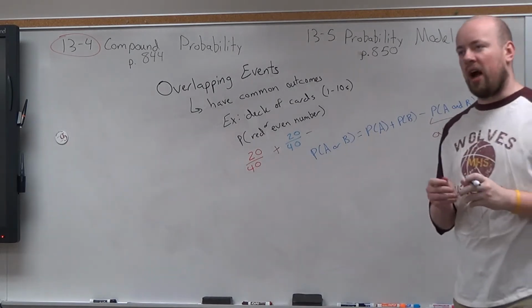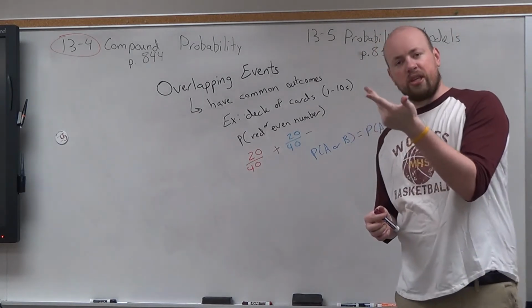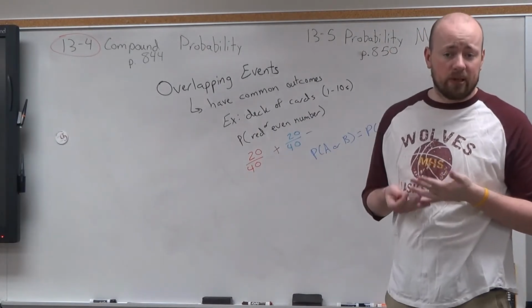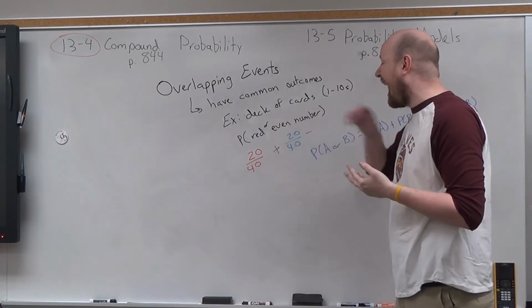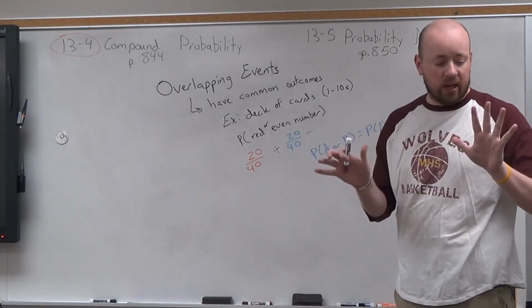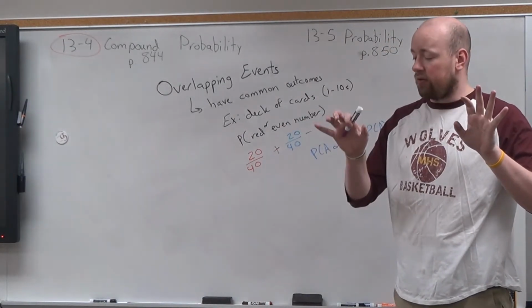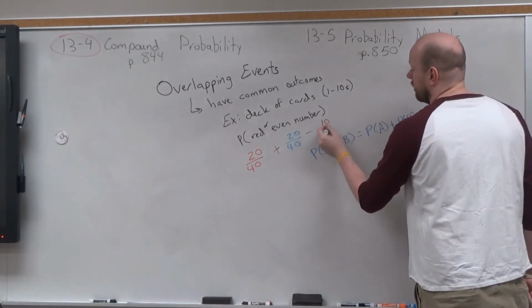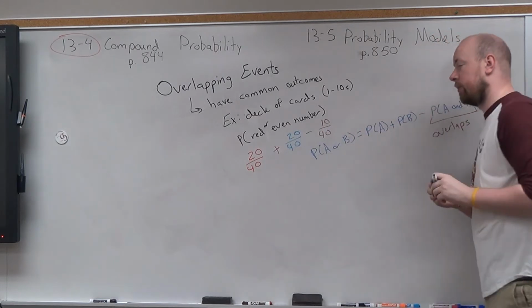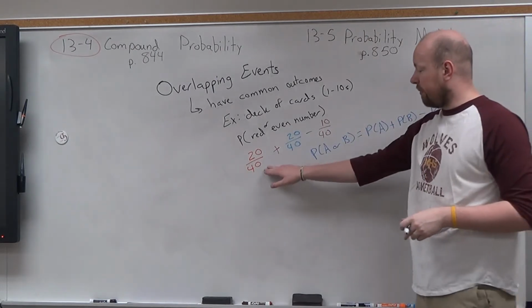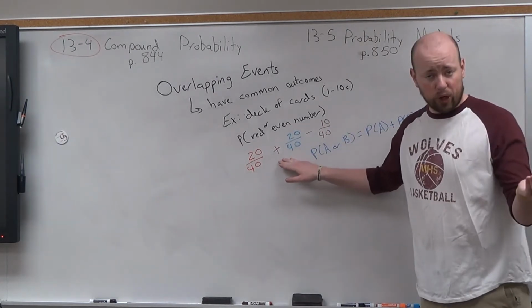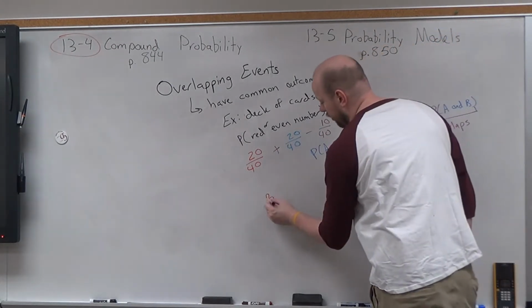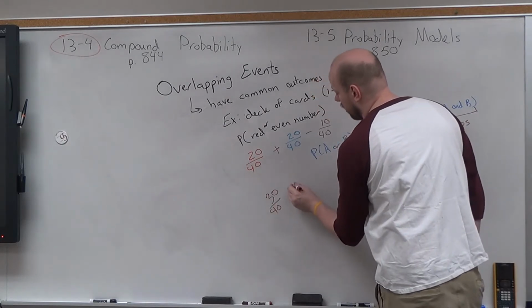Now, if I were to go through and count it, I'd have 2, 4, 6, 8, 10, and 2, 4, 6, 8, 10 of the hearts and diamonds. Again, those cards that are red and even. And there I would have, again, 2, 4, 6, 8, 10, 2, 4, 6, 8, 10. I'd have 10 total cards. So I'd have to subtract my 10 out of my 40. So I would get 20 over 40 plus 20 over 40, which would be 40 over 40, minus 10 over 40, which would give me 30 over 40 in this situation, or 75%.